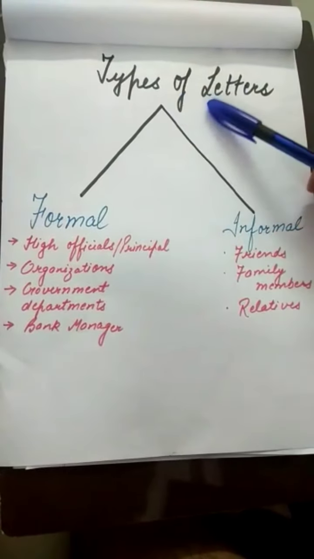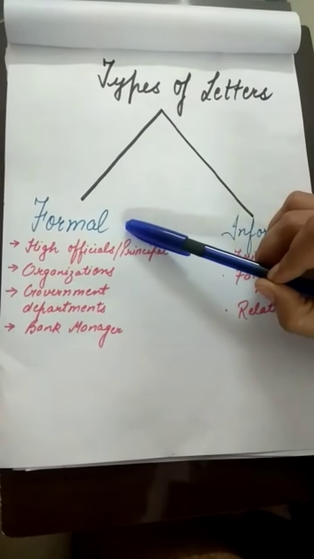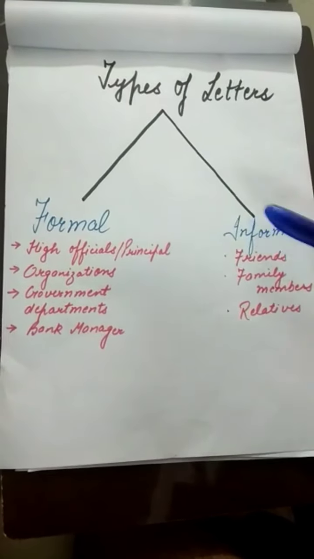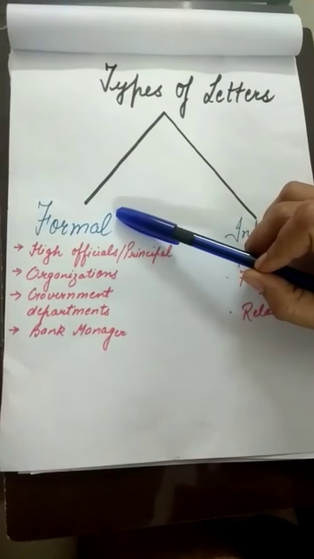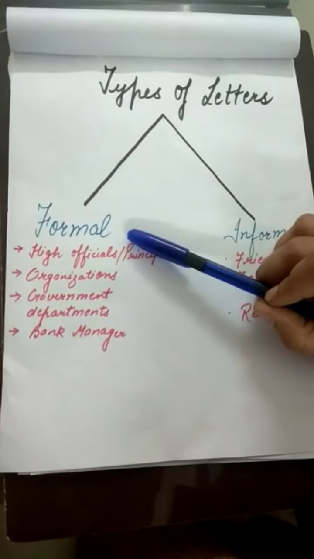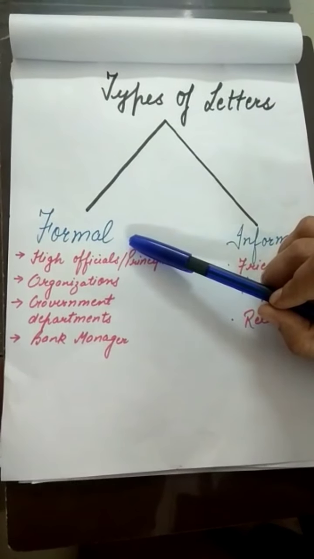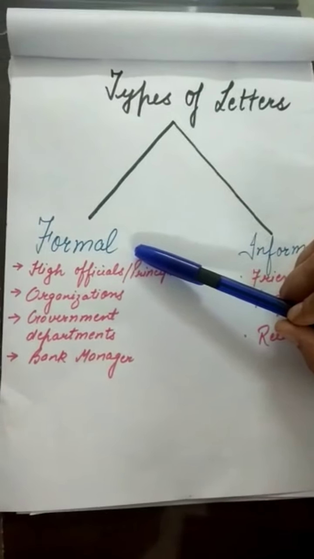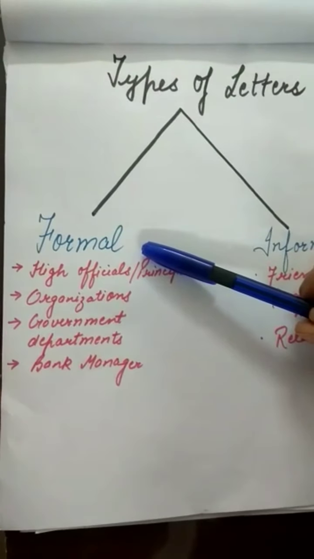There are two types of letters, formal and informal. A letter written for a formal purpose is called a formal letter. For example, if you write a letter to the principal, that is considered a formal letter.